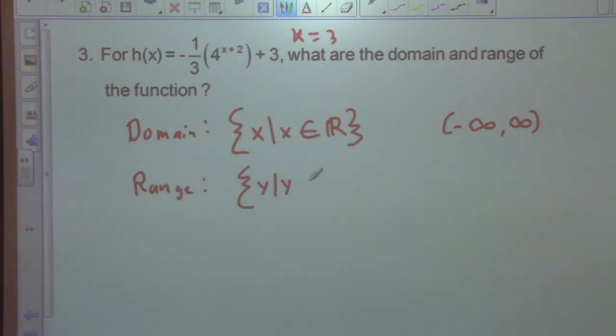Less than 3. How did you get less than 3? Because it's a negative, negative 1/3, right? Thank you. And then in interval notation, it's going to be negative infinity to 3.